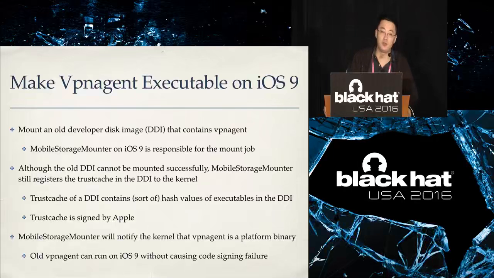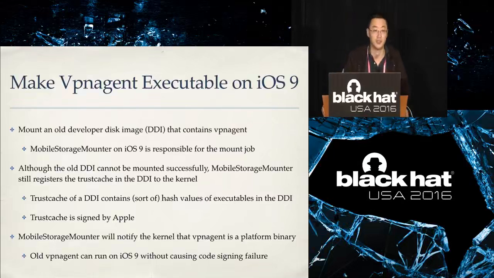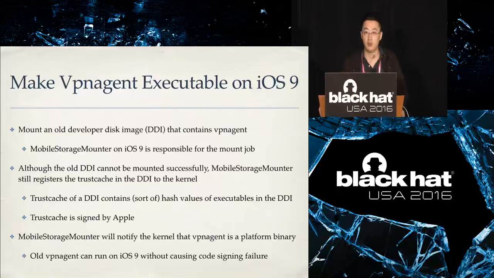But later, after we reverse engineered the mobile storage mounter program, which is responsible for the mounting job, we found there is a logic error. In each developer disk image, there is a file called the trust cache, which contains hash values of the executables in the developer image. It is used to tell the iOS kernel which programs were created by Apple, so that you can run them without triggering any code signature failures.